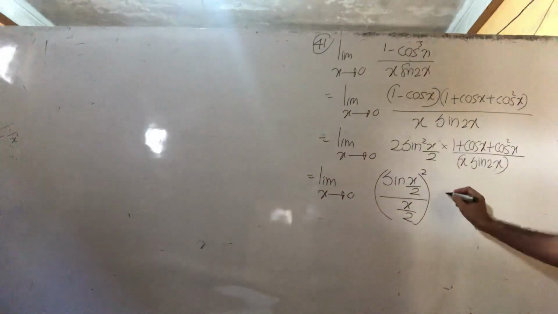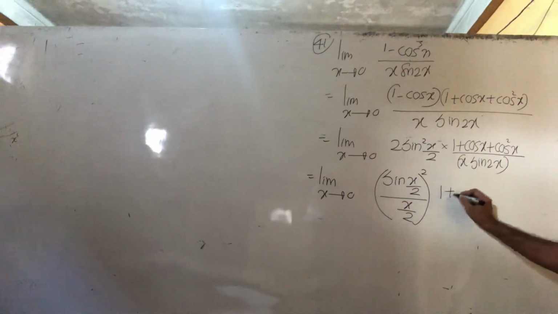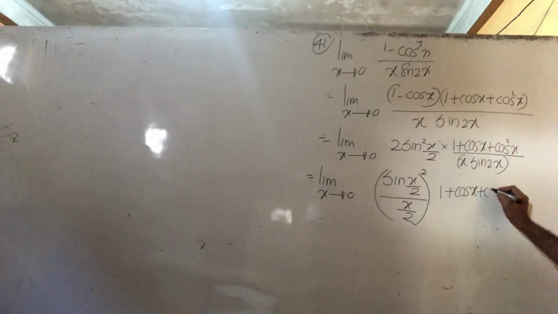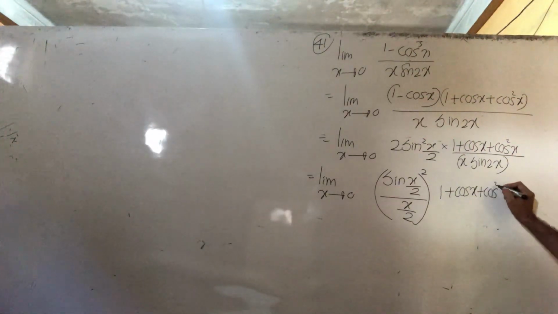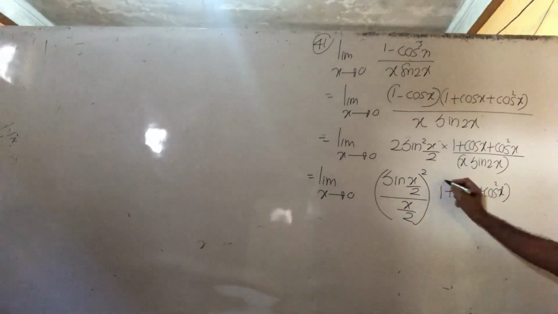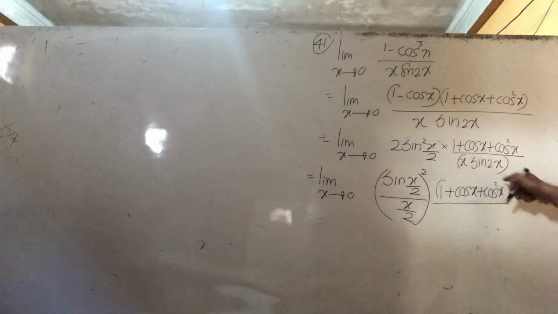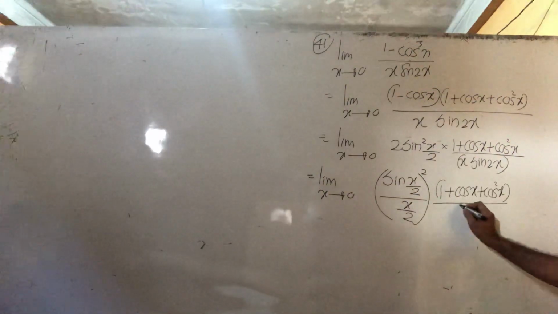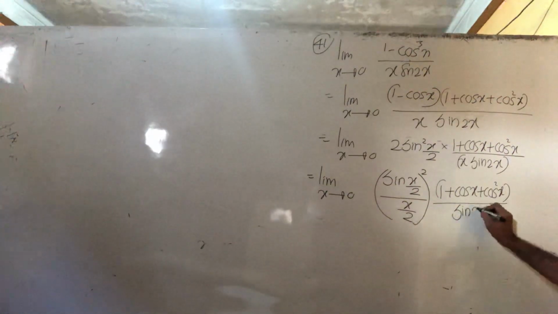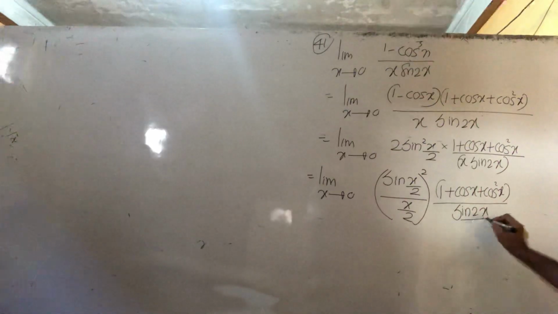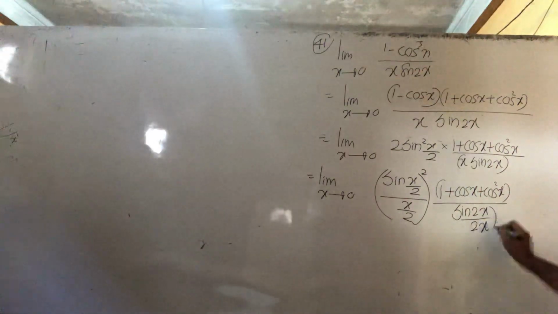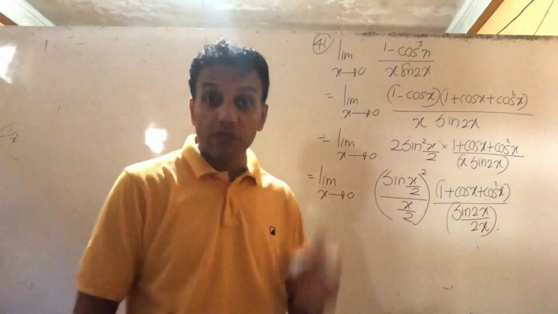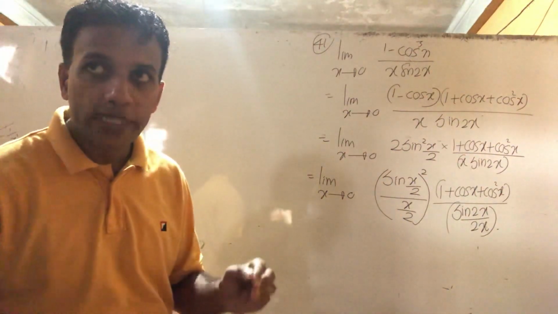And here 1 plus cos x plus cos square x, there is no problem, cos no problem. Here write the sine 2 theta, then below 2 theta. So sine 2x over 2x, okay? So I convert all these parts into the standard form of the limit, sine theta over theta pattern.